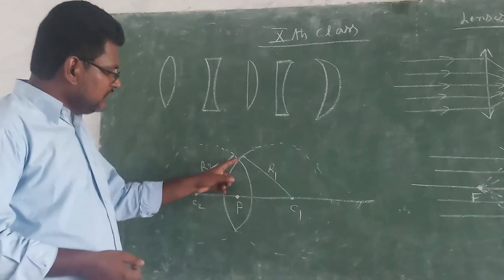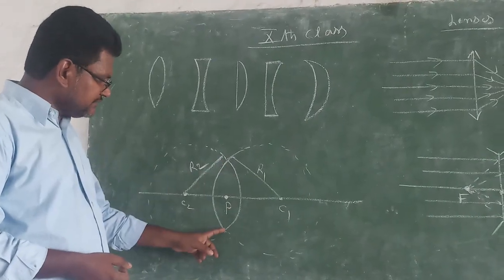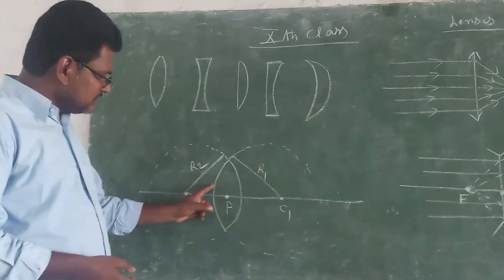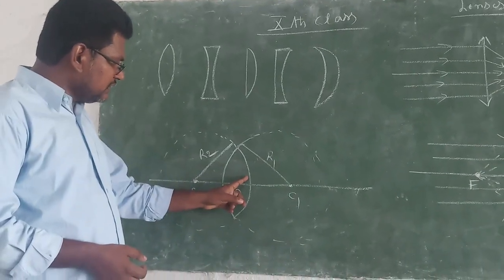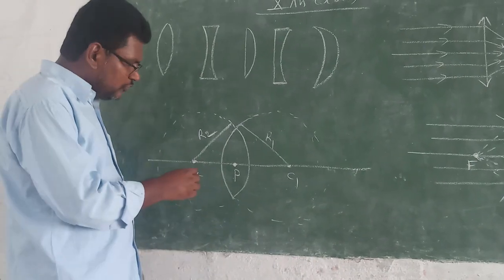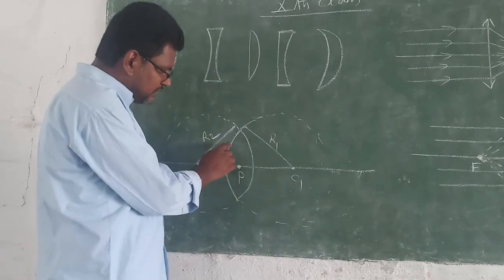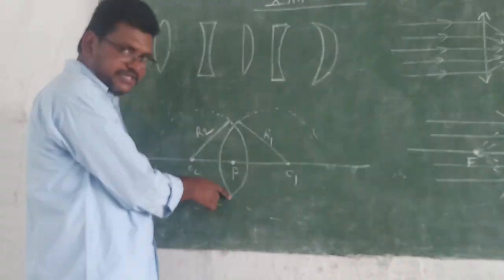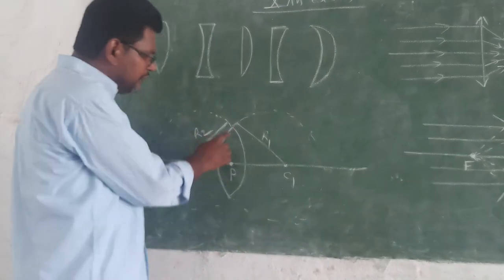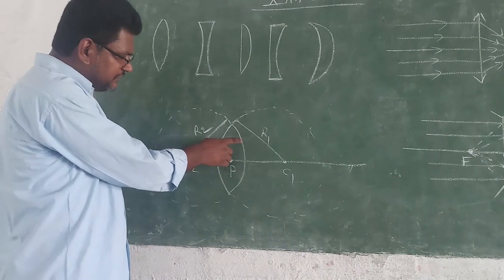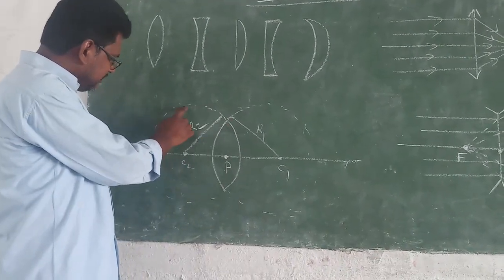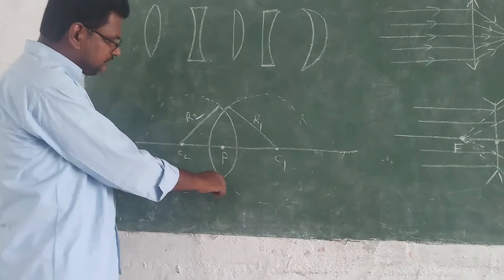Now see here, it is a double convex lens. It has two surfaces, surface 1 and surface 2. If we extend the first surface of the lens, it forms a sphere, and if we extend the second surface of the lens, it also forms a sphere.